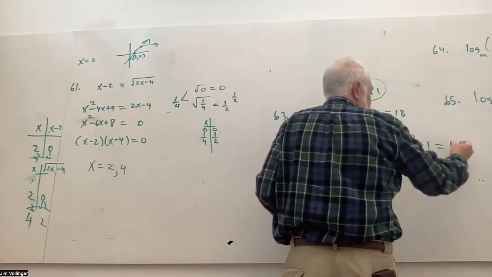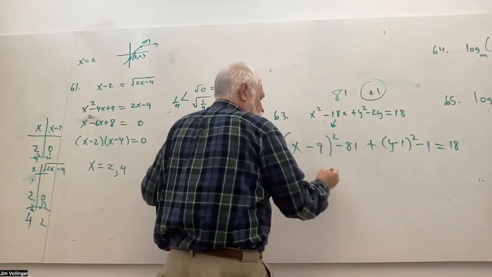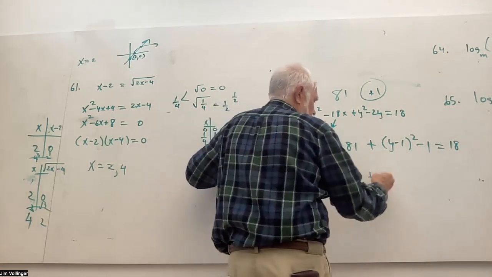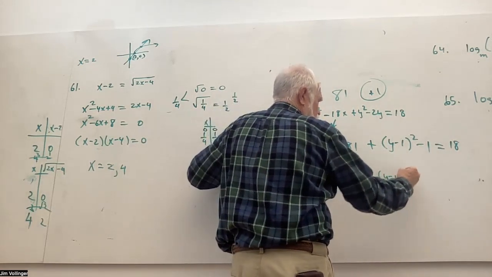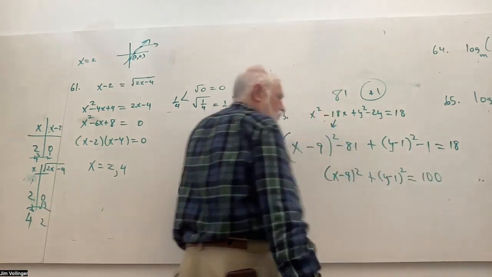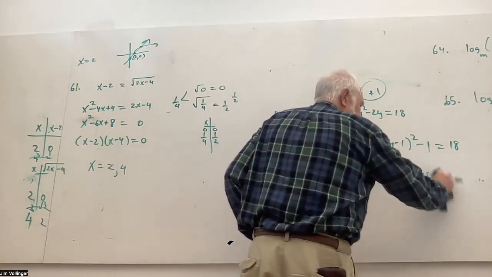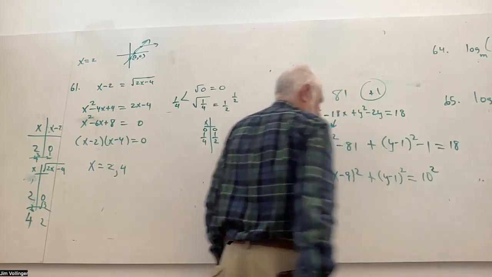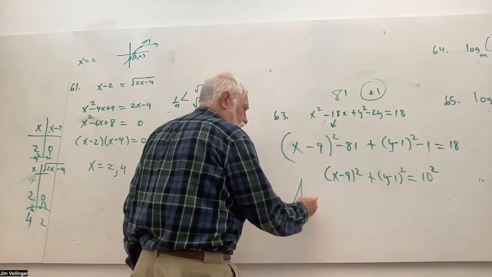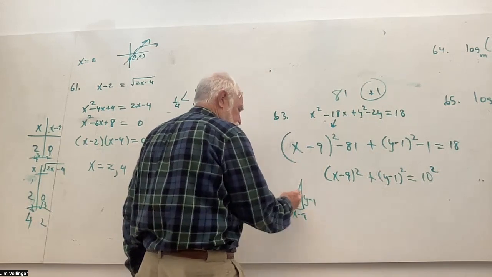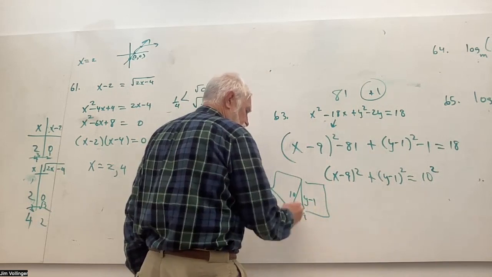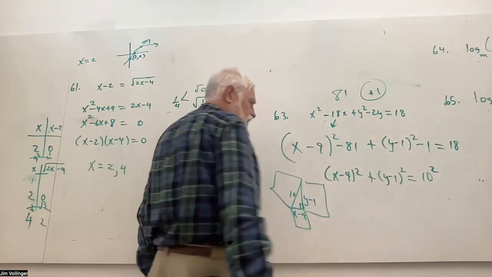And that equals 18. So that gets us our Pythagorean relationship. X minus 9 squared plus y minus 1 squared equals 81, 82. Yeah, a nice round number, 100, which is 10 squared. So there's our triangle, x minus 9, y minus 1, and 10. And we're looking at those areas. That's what these statements are about, the areas.